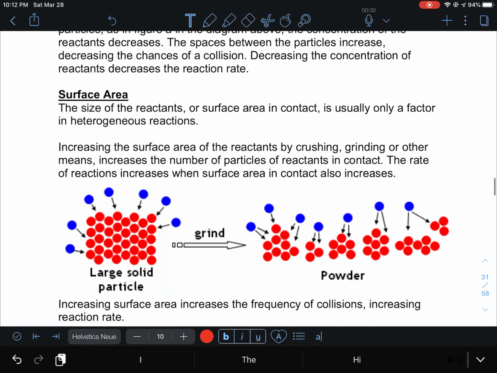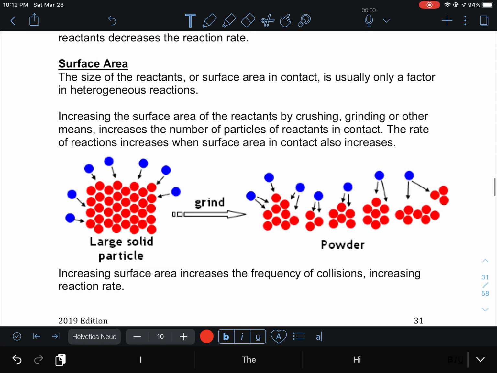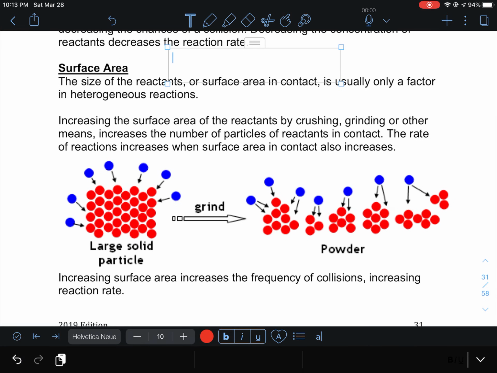The last one is the surface area. Surface area is going to be a factor of the correct orientation. So this is a correct orientation factor, mostly. Increased surface area opens up more possible orientations for reaction.